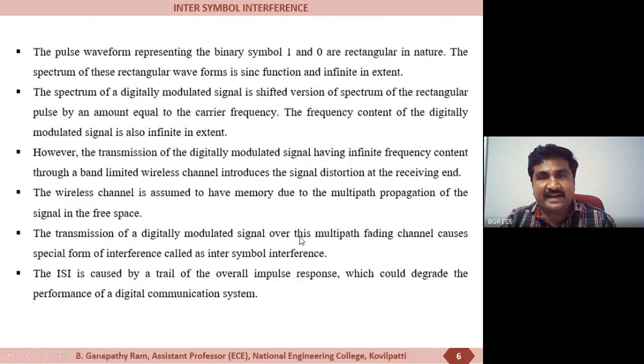This multipath fading causes inter-symbol interference. There are two possibilities for inter-symbol interference to occur. One is the transmission of the rectangular signal through a band limited channel, and another one is multipath fading.